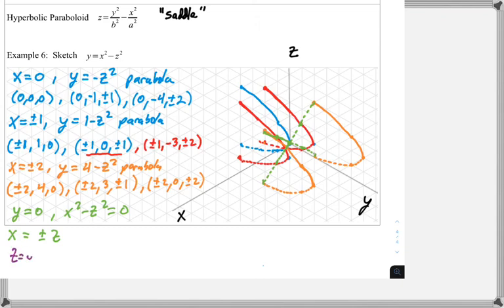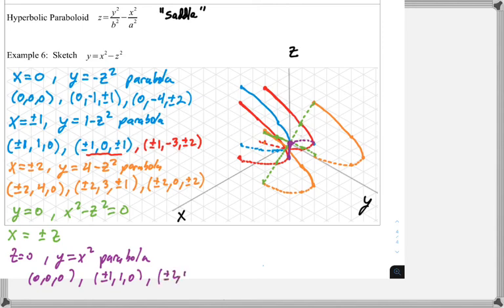And let's look at z is equal to 0. We have y squared. Oh, sorry, y is equal to x squared. So just your regular parabola. So it's going to have the point 0, 0, 0, plus minus 1, 1, 0, and plus minus 2, 4, and 0.